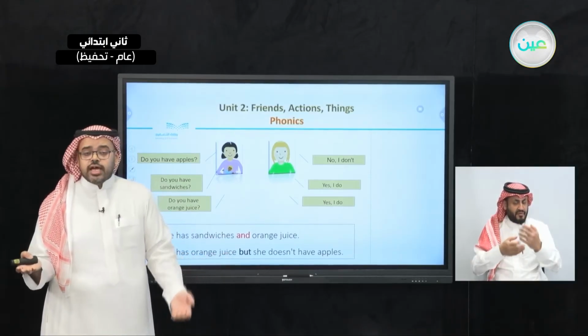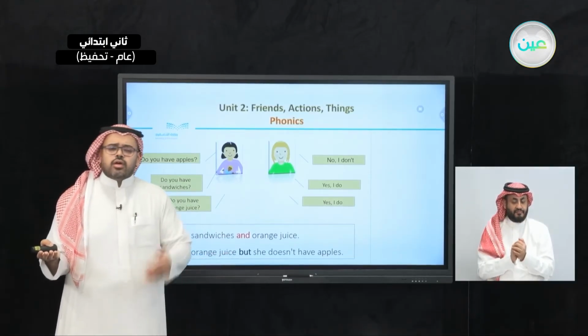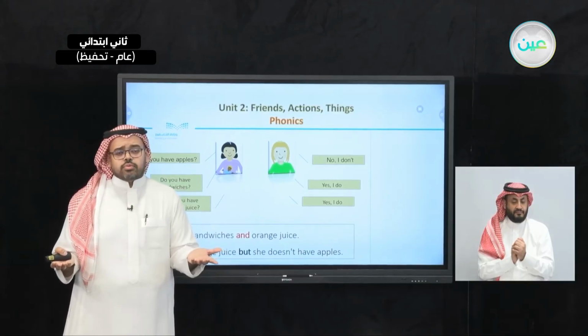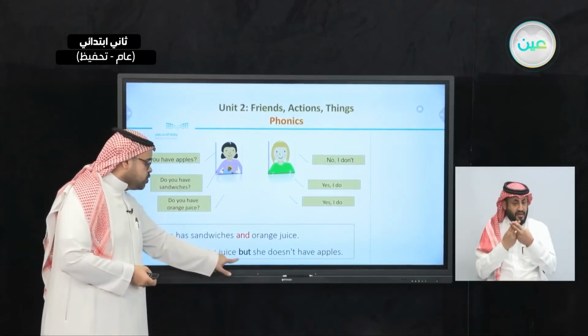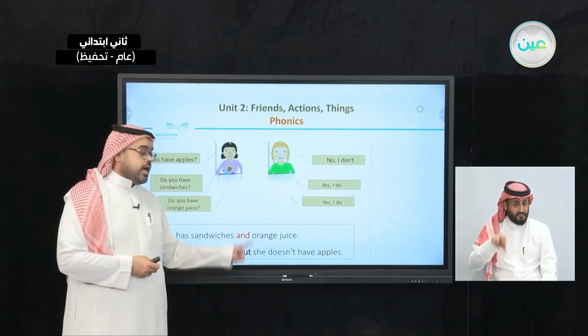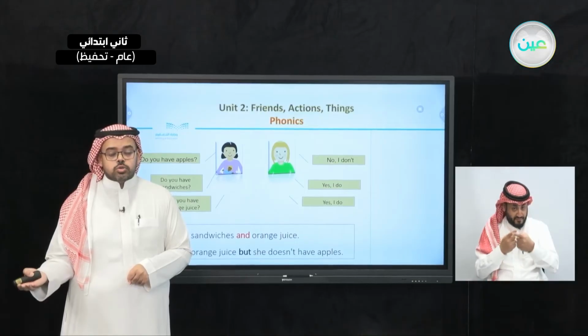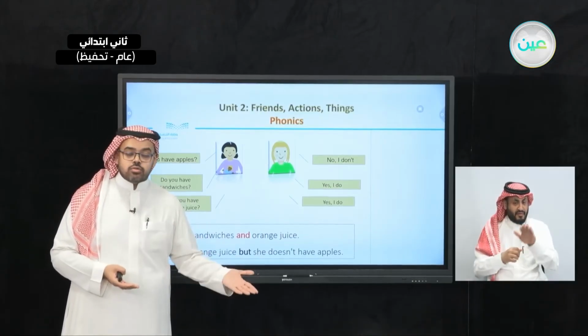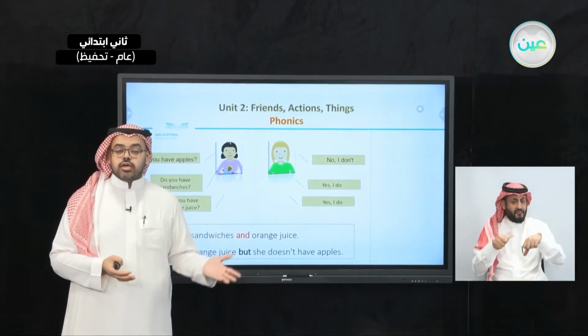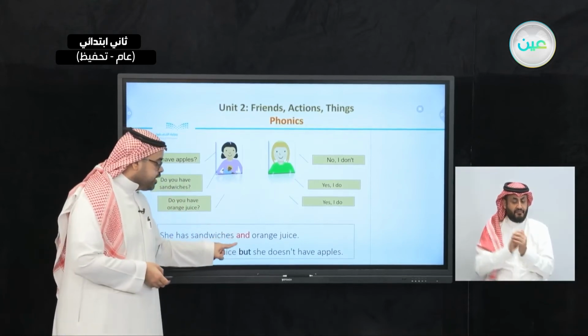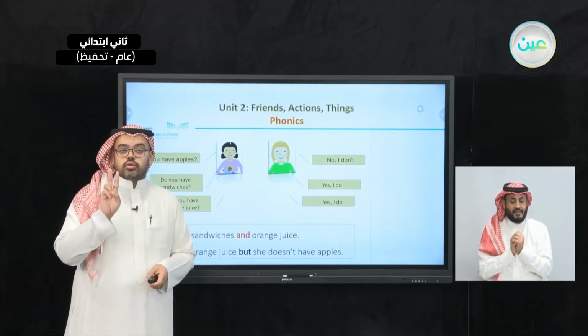It's good she has orange juice. It's not good she doesn't have apples. So this is why we use but. And we use and when we have two things, like orange juice and a sandwich.